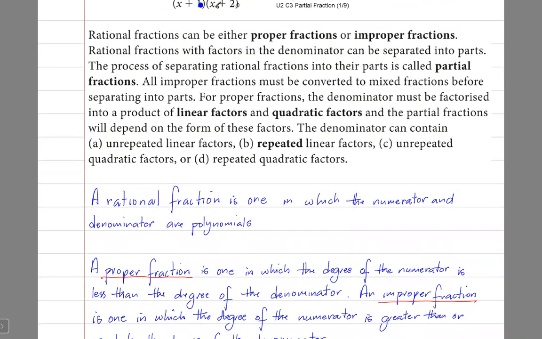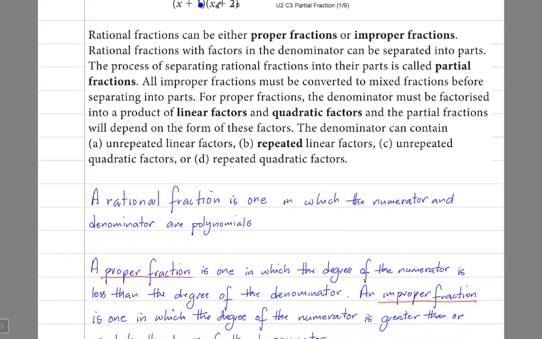Rational fractions can be either proper fractions or improper fractions, and we'll get into that, the full idea of what is proper and what is improper as it relates to rational fractions. It says rational fractions with factors in the denominator can be separated into parts.